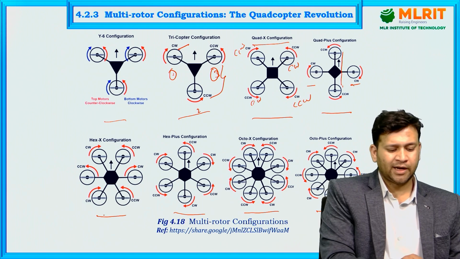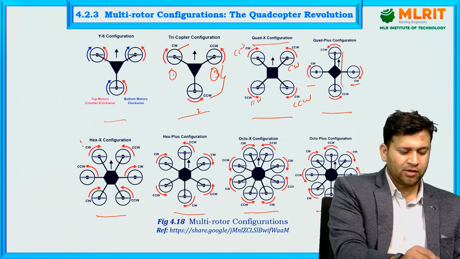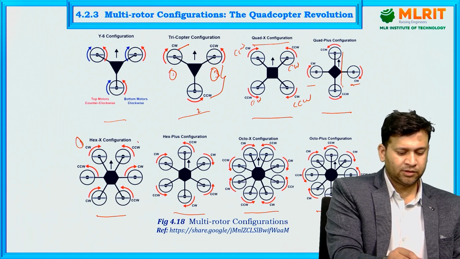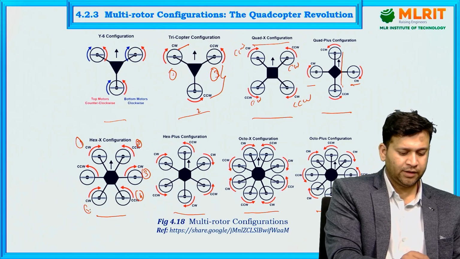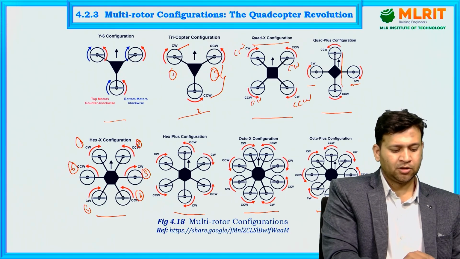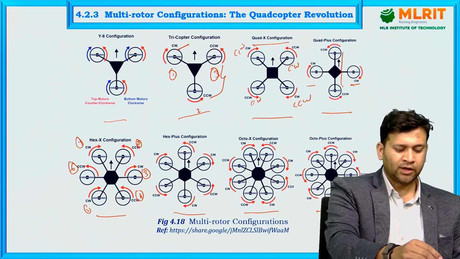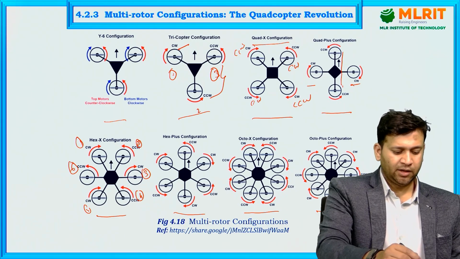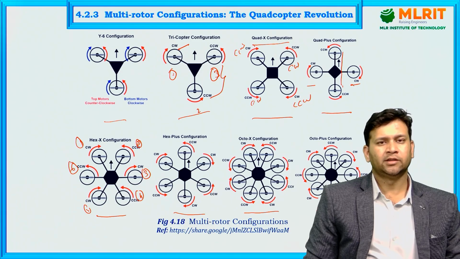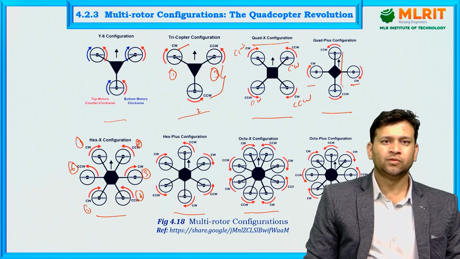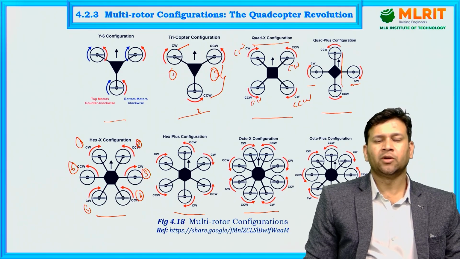Similarly, for hexa X configuration, rotor 1, this is 2, 3, 4, 5, 6, right? So the rotors 1, 3 and 5 are moving in clockwise direction and the others, like 2, 4 and 6, rotate in counterclockwise direction to balance the torque which is generated because of the clockwise movement.